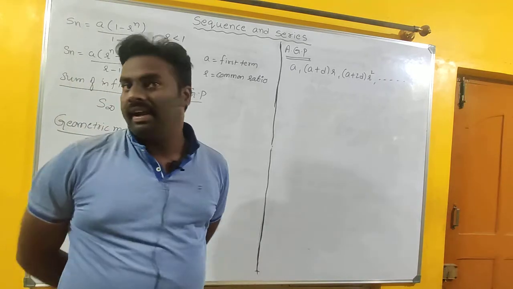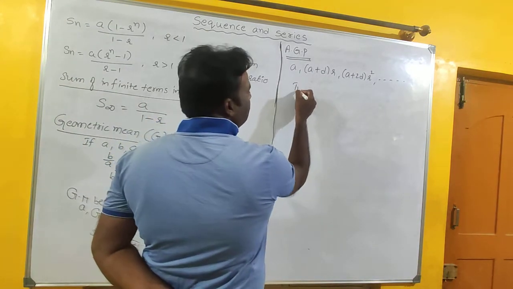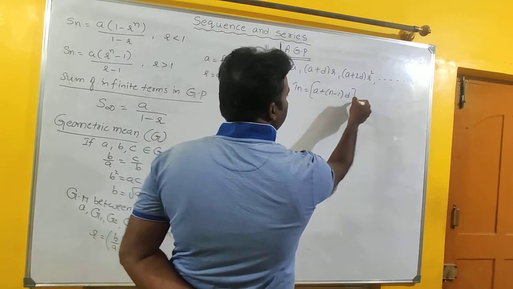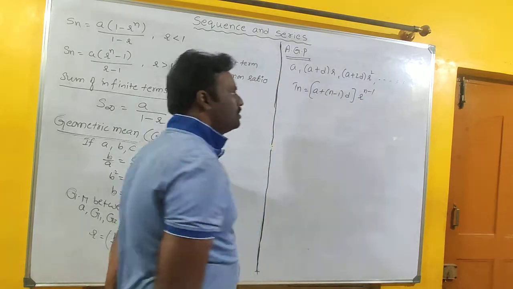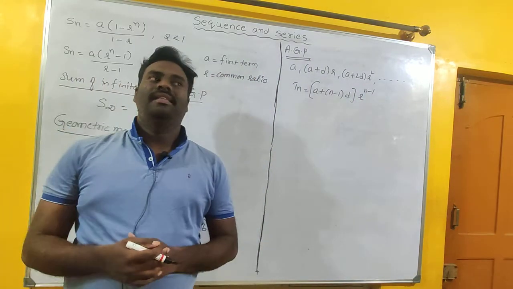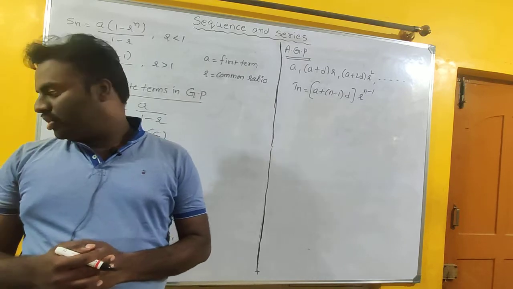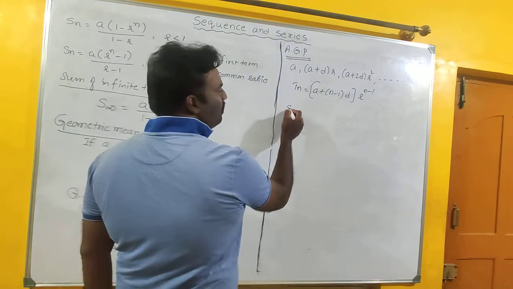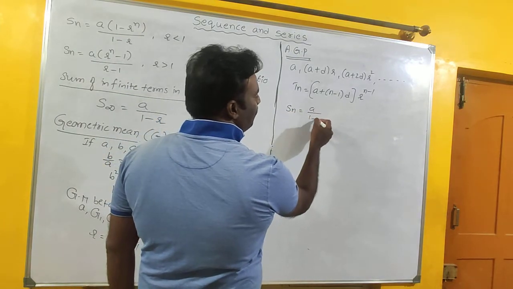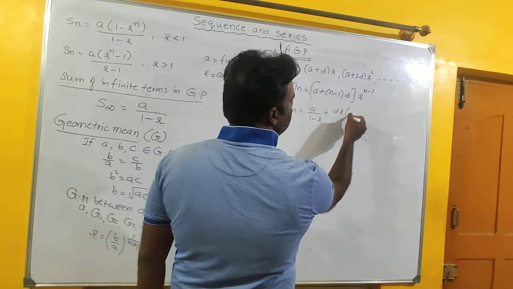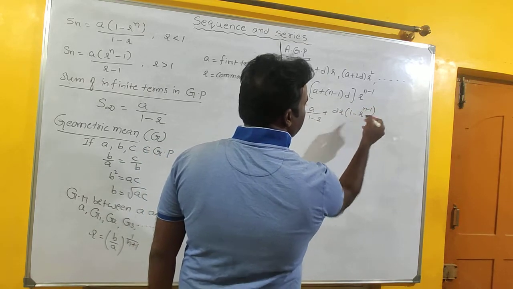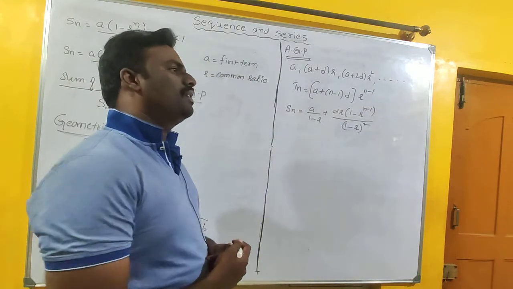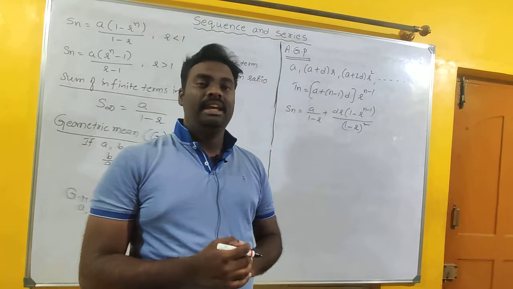Then how to find the nth term? The nth term is A plus n minus 1 into D into R power n minus 1. This is the formula for the nth term in arithmetico-geometric progression. Okay. Next, what is the formula for the sum of n terms? It is A by 1 minus R plus dr into 1 minus R power n minus 1 by 1 minus R whole square. This is the formula for the sum of n terms in AGP.